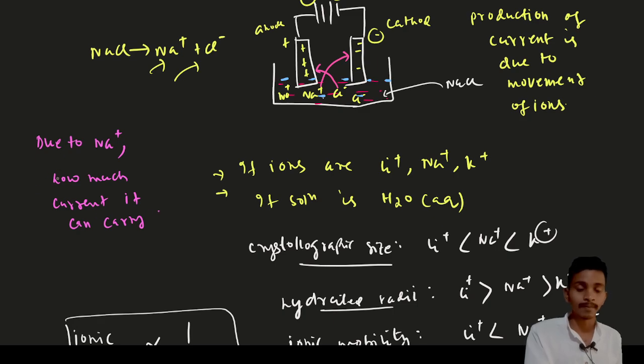If I say it in simple language, if you ask what is the current carried by Na plus or Cl minus individually, how much current it can carry by the movement of Na plus ions.